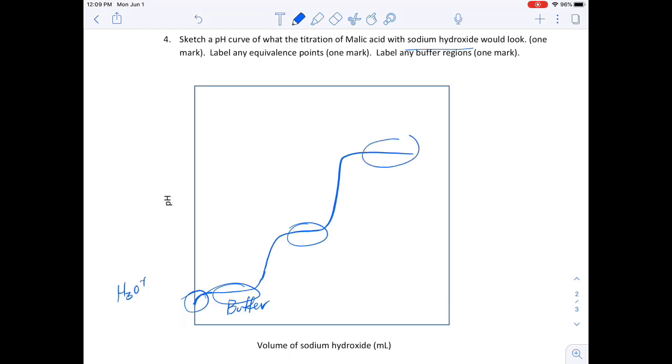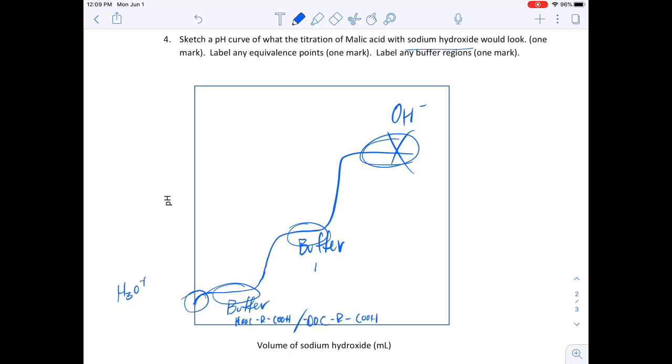And then up here, this is not a buffer, because mostly what we've got is strong base left. So down here, we're going to have HOOC-R-COOH and OOC-R-COOH. That's what's going to be in the mix in that buffer.